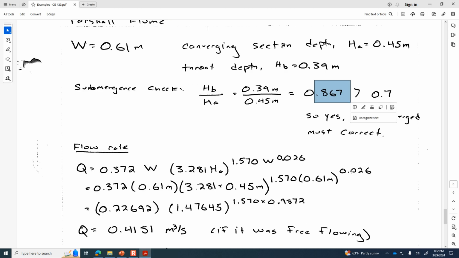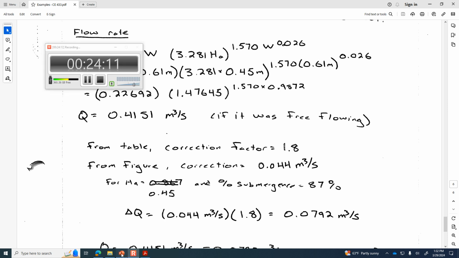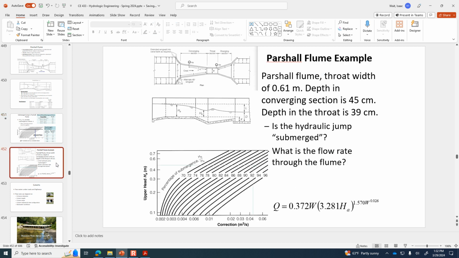Where does the correction factor 1.8 come from? Well, if you have this figure, which applies only to a throat width of 0.3, in our problem, we have a flume with a throat width of more than double that. The throat width of our flume is 0.61.